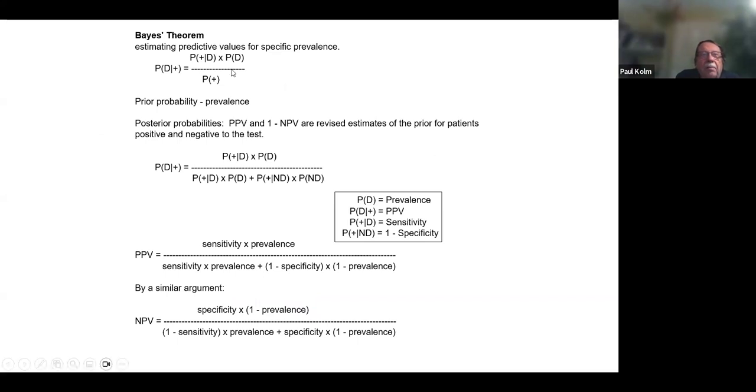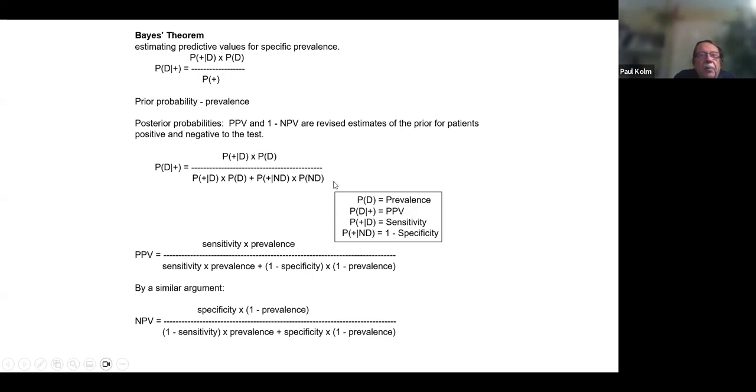And so here's our Bayes formula for predicting the disease with a positive test. Our prior probability is the prevalence of the disease in the population. And our posterior probabilities, the positive predictive value and one minus the negative predictive value, are going to be our revised estimates of the prior, the prevalence of the disease.